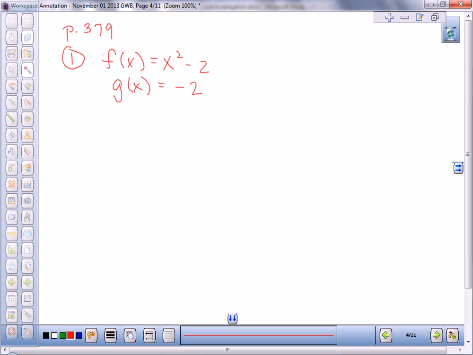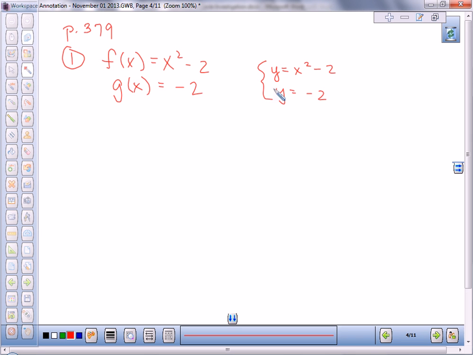Is f of x the same as y? Yes. And g of x, could I write it as y? Without graphing this, what could I do to determine the number of solutions? I could use substitution and treat it as a system, because solving a system gives me the intersections of the two graphs.